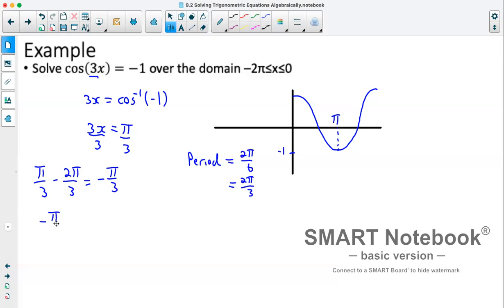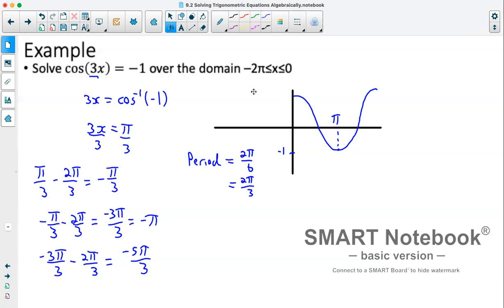So we have -pi over 3 minus 2 pi over 3, which gives us -3 pi over 3, which is -pi. Now we'll take that -3 pi over 3, subtract another 2 pi over 3, and that gives us -5 pi over 3. So that's still within this domain.